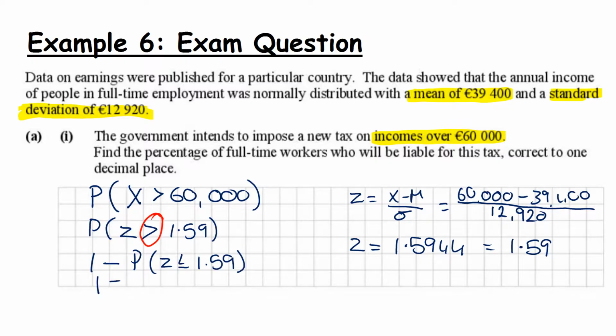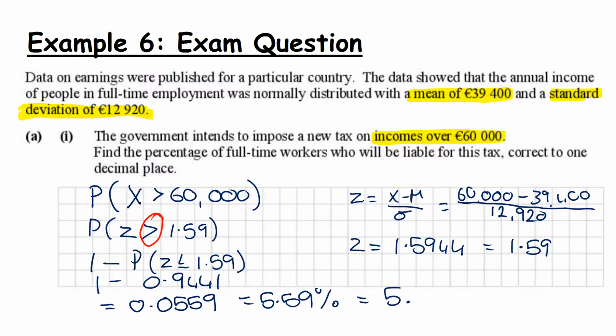Okay, 1 minus 0.9441, and that will leave me with 0.0559, which is equal to 5.59%, and they said 1 decimal place, which will be 5.6%. Okay, so that is an example of how we would use our z-scores to answer a more problem-solving question.